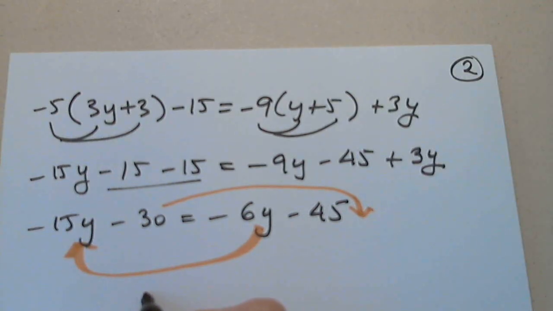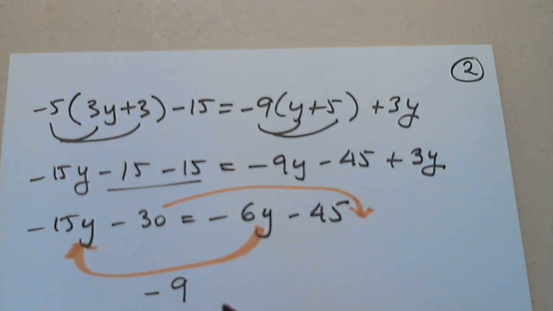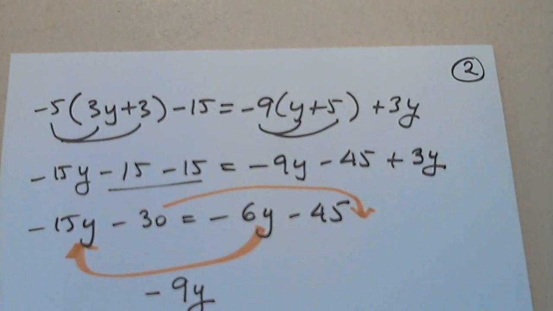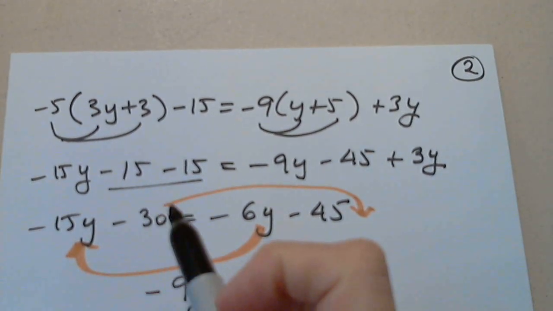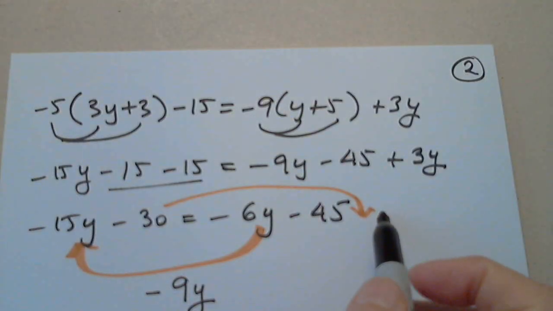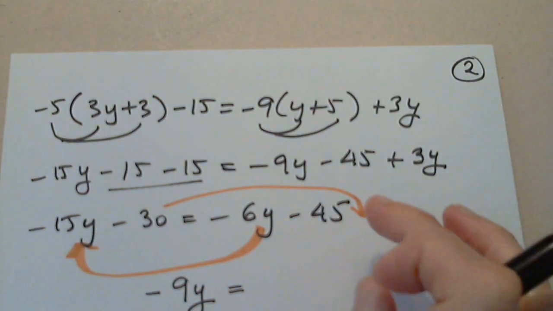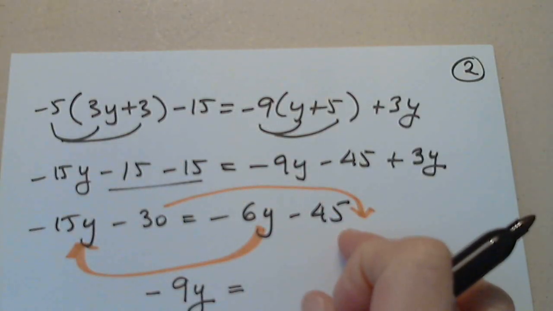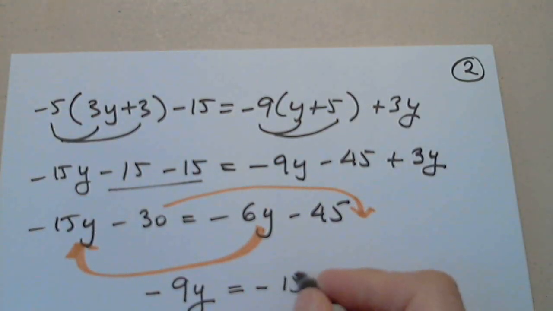What is left? And it has to be negative. Negative 9y. Do we all agree with negative 9y? Yes. Now the negative 30 goes to the other side, it becomes positive. Negative 45, and I bring a positive 30, and that is negative 15.